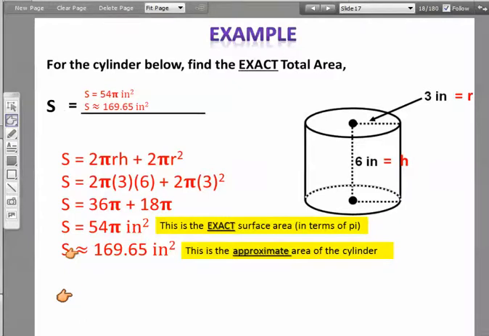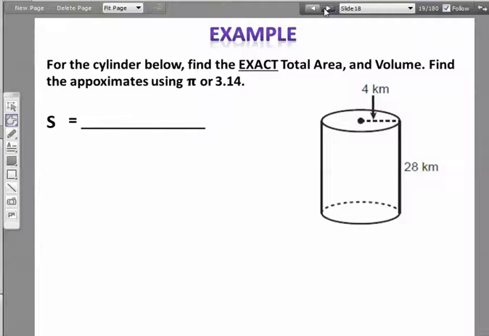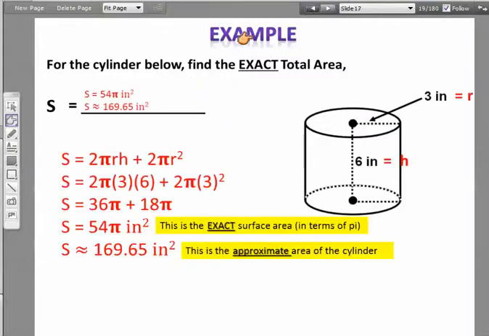Okay, so this is exact, leaving it in terms of pi, and leaving it in terms means leave pi in it. And then approximate is 169.65, and that is because I multiplied 54 by pi. And notice how, even though it told me to find the exact, I put them both up here, just so that way you would know how to work them both out.